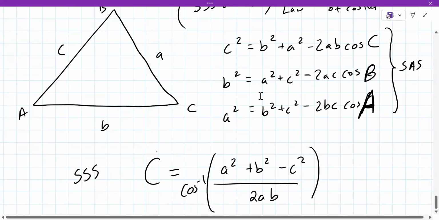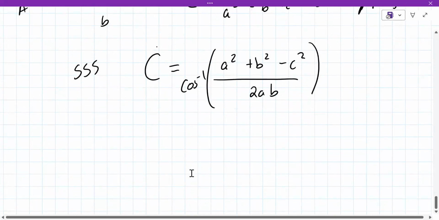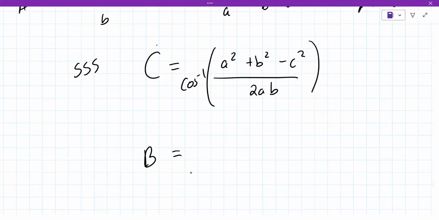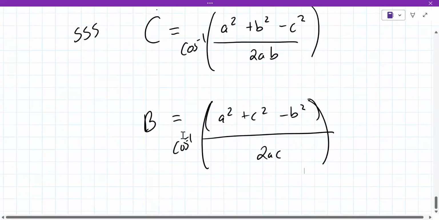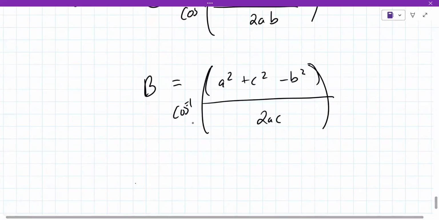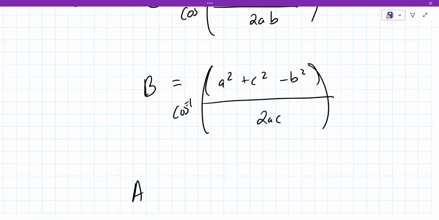You get it by solving the first one for big C, but you can do the same thing for B. It's a squared plus c squared minus b squared over 2ac, cosine inverse of all that. I don't know if you want the last one for A. No, it's fine. Yeah, so some more pages would be helpful.